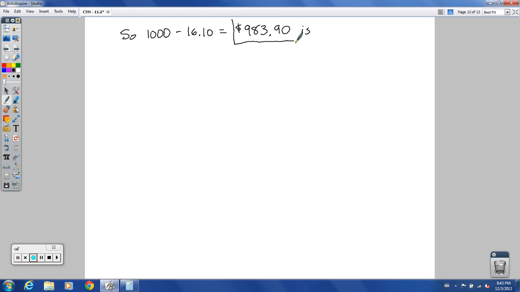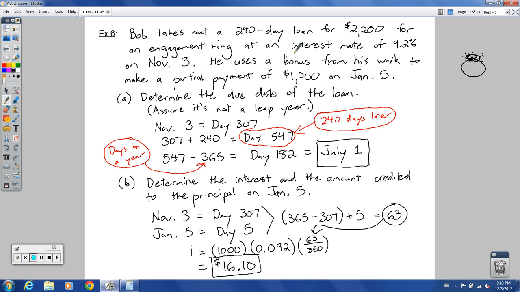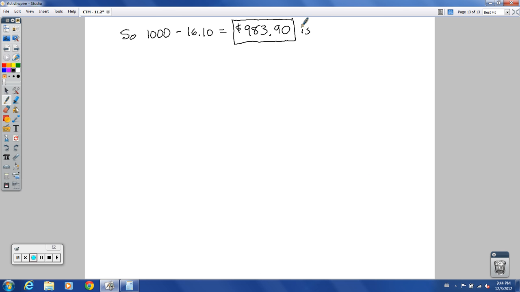So this much gets chopped off the original $2,200 that you got for the loan. So you had to pay the $16.10 in interest for that partial payment, 63 days there, and then the rest goes towards paying off the loan. And you're not going to have to pay interest on that $983.90 anymore for the rest of the days. That's the nice thing about paying this off partially early. So it's credited to the principal.